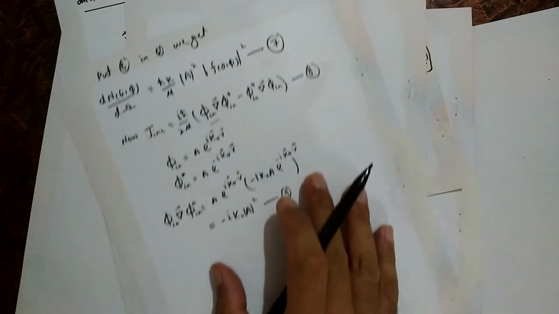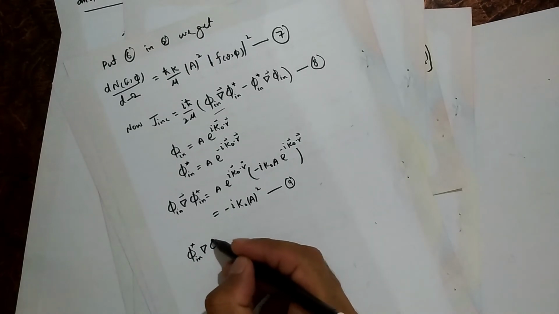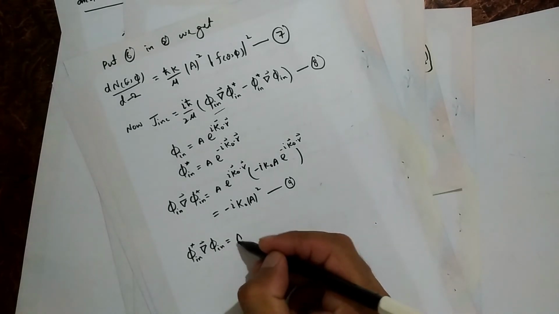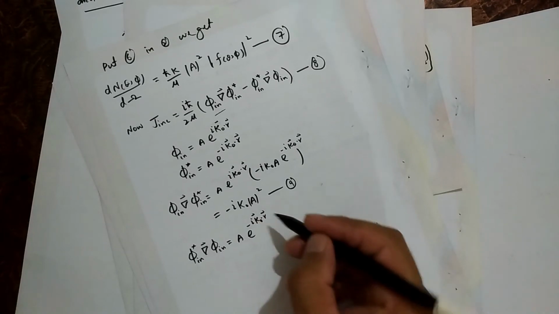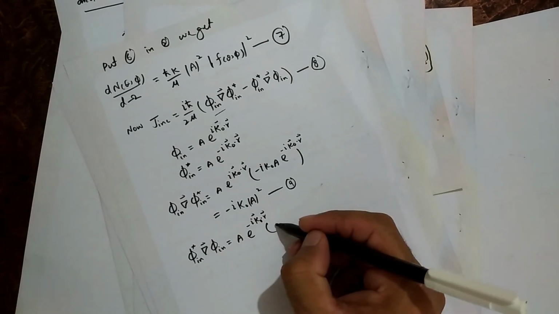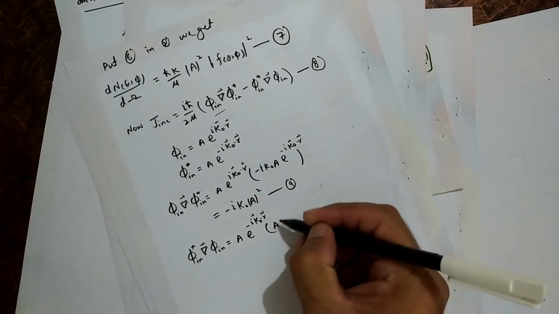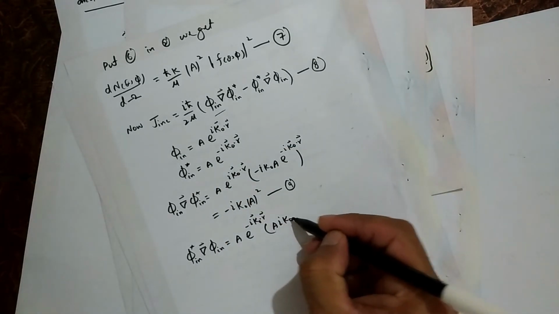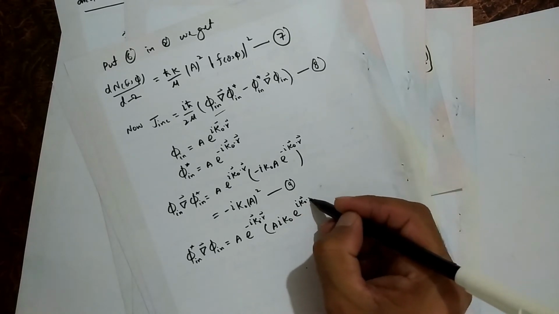And similarly, the second term will be phi star del phi. This will be equal to a exponential i k naught into r times its derivative, which will be equal to a times i k naught into exponential i k naught into r.